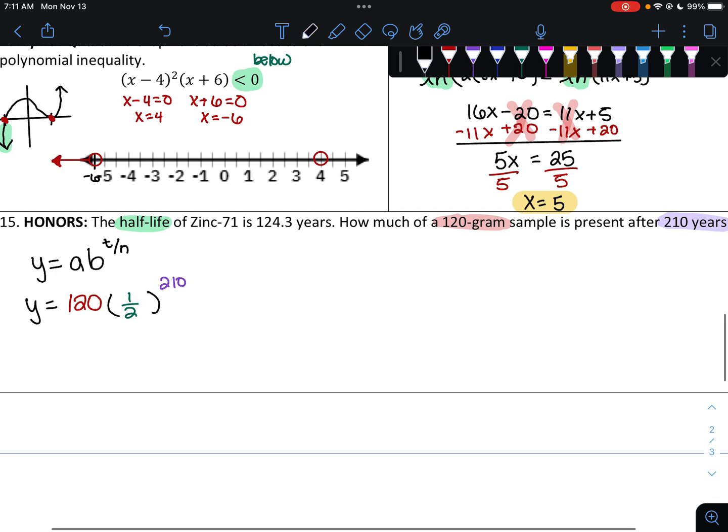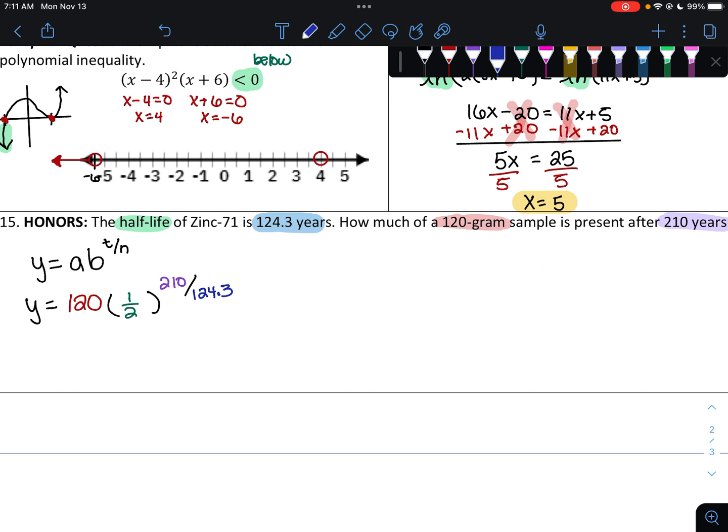And we have to divide that by how long the half-life takes. And the half-life takes 124.3 years. And then we just type that into our handy dandy calculator. So 120 times 1/2 to the 210 divided by 124.3.